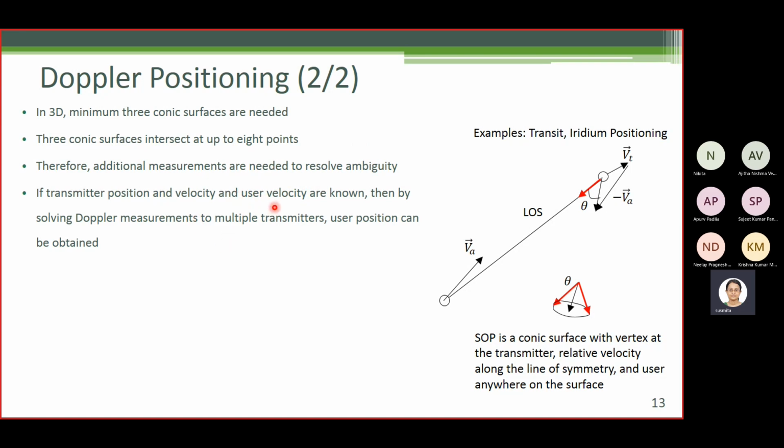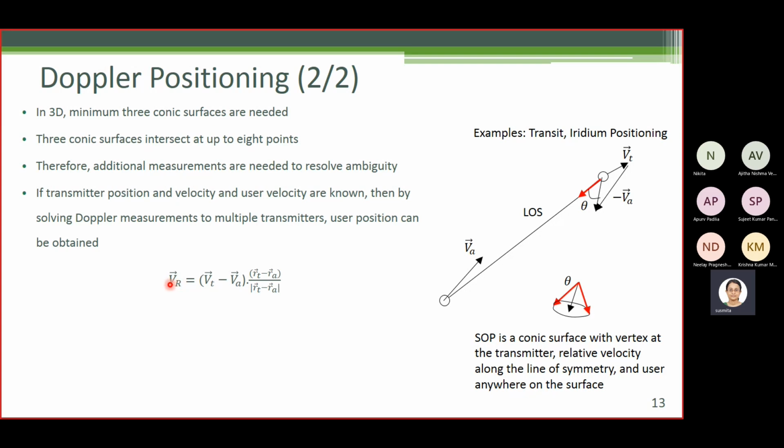Let's assume that user velocity is known, and then using Doppler measurements, or V_r to multiple transmitters, we can determine the user position. So this is the measurement. Ignore this arrow here. This is a scalar term. We are taking a dot product, so this is a scalar term. We are finding this from the Doppler shift using that formula you are supposed to derive.